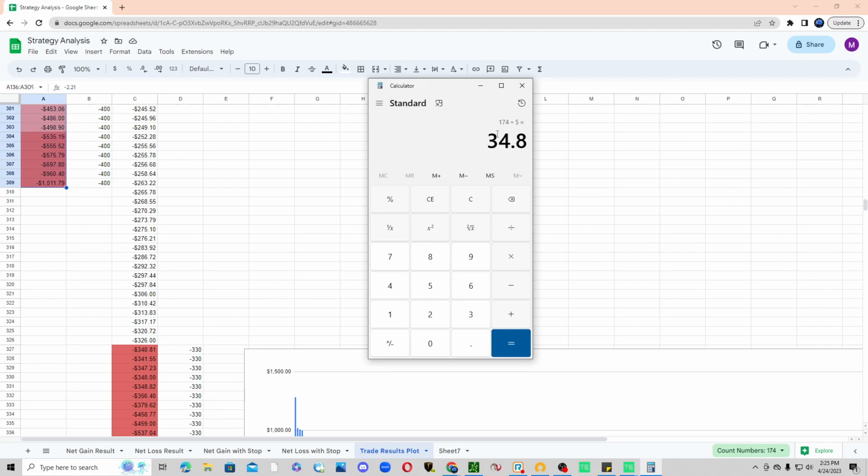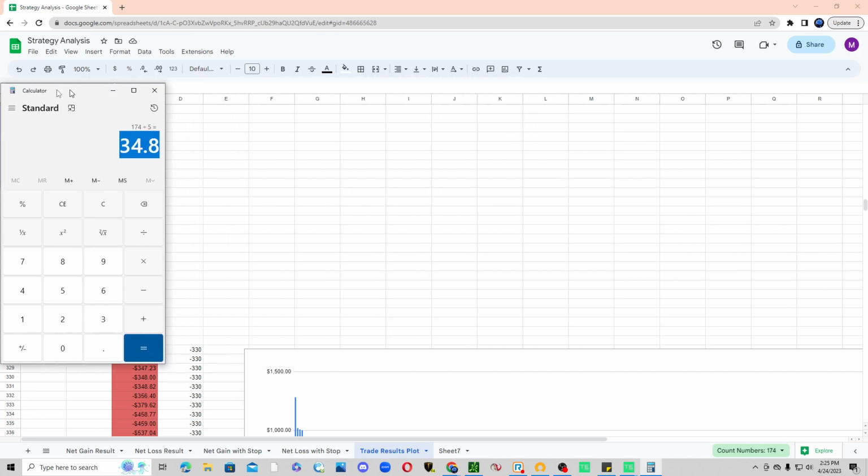Now, of course, I can't divide 174 evenly by 5. So what I'm going to do is round up. So the first 35 count of losses, starting from the worst loss and going backwards to the smaller loss, that's going to be my top 20 percentile. So I'm going to count 35 results to get that.